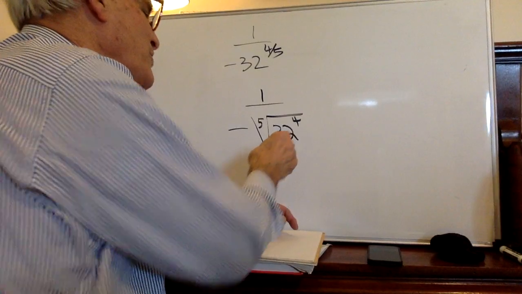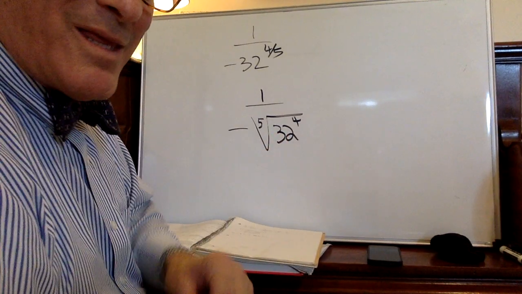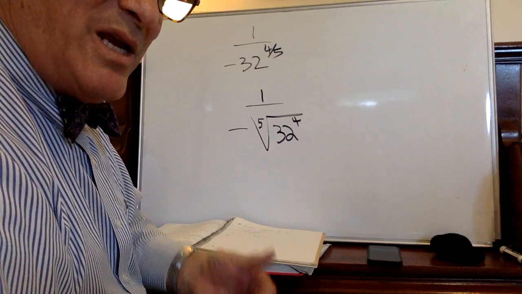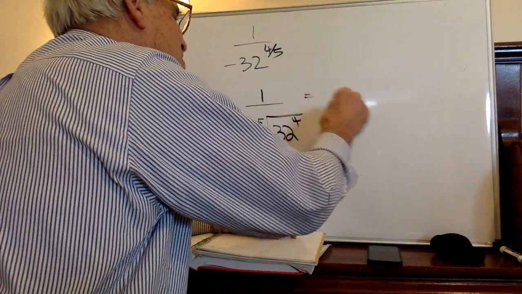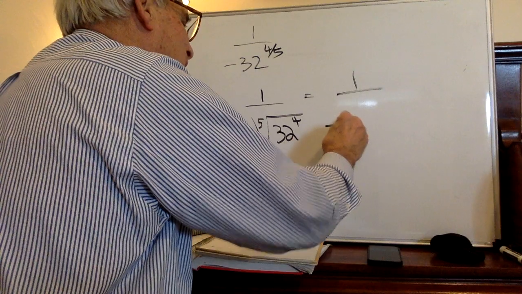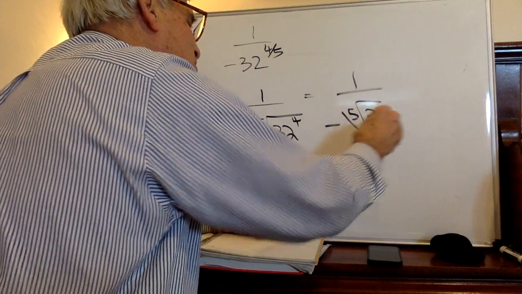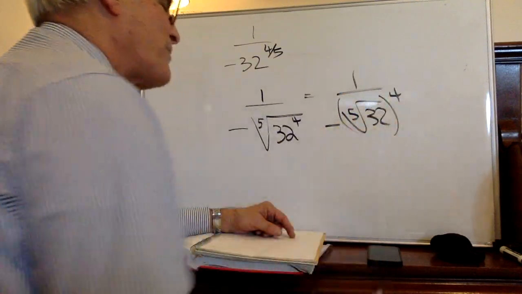Now, 32 is a nice number. It's 2 to the fifth. It's 2 times 2 is 4, times 2 is 8, times 2 is 16, times 2 is 32. So 32 is a perfect fifth power. So I'm going to use that property that we had, and I'm going to say the fifth root of 32, and it's minus the fifth root of 32 to the fourth.